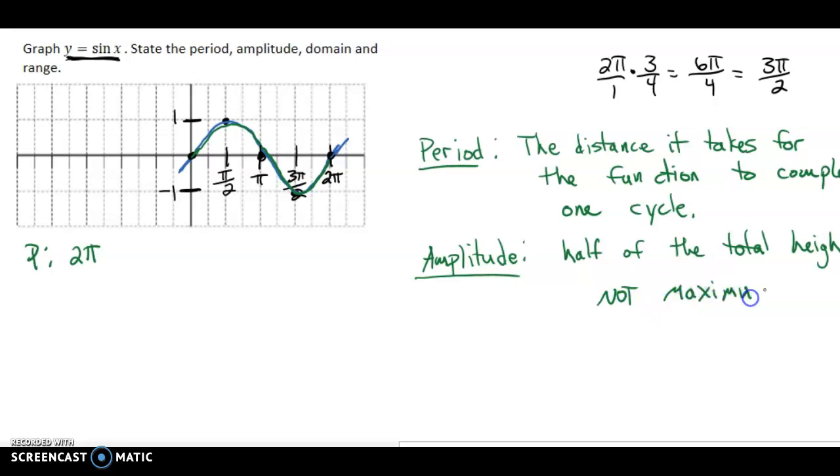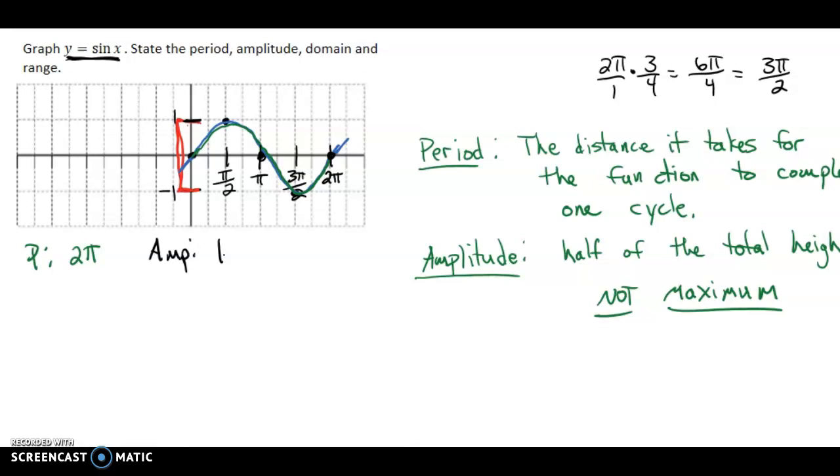And actually, until we start shifting these, it'll look like the maximum, but it's not the maximum. So the amplitude, if you look at this curve, from here to here, this is a distance of 2, and half of that is 1. And so the amplitude, which we'll write out as amp, is 1 for sine.